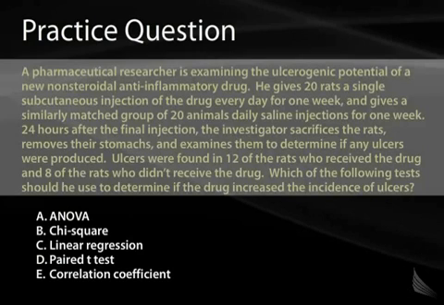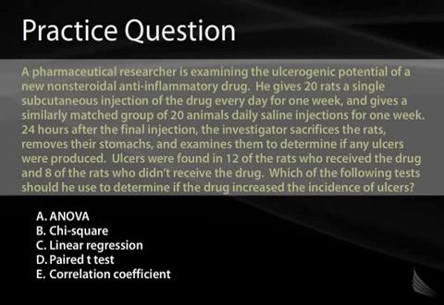Practice question. A pharmaceutical researcher is examining the ulcerogenic potential of a new non-steroidal anti-inflammatory drug. He gives 20 rats a single subcutaneous injection of the drug every day for 1 week and gives a similarly matched group of 20 animals daily saline injections for 1 week. 24 hours after the final injection, the investigator sacrifices the rats, removes their stomachs, and examines them to determine if any ulcers were produced.